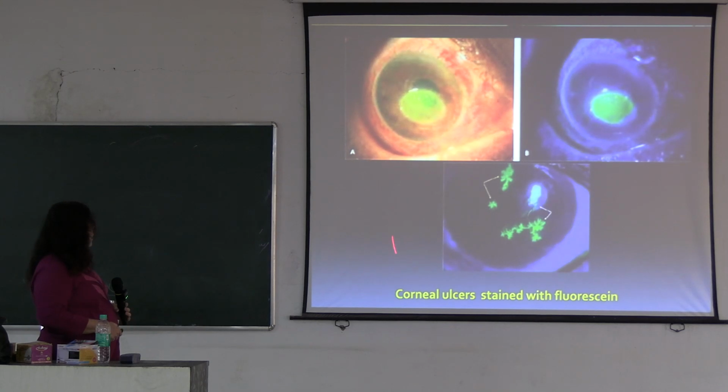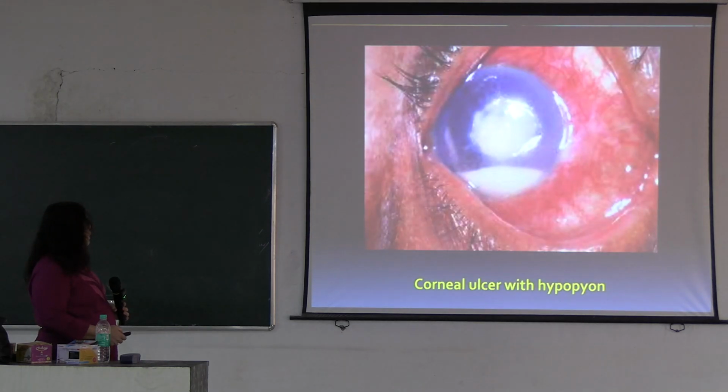Here this is the corneal ulcer, which we see in normal light, and here we see it in the blue filter with slit lamp examination. This is also stained, and this is the dendritic ulcer we will discuss later on. And here it is also a hypopyon corneal ulcer, and this is the disciform keratitis.